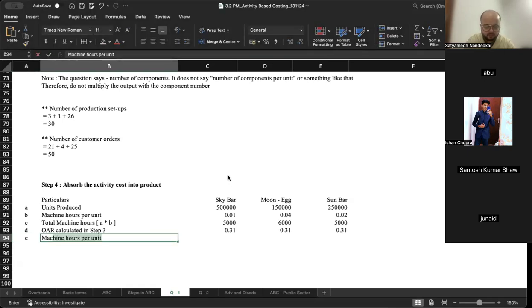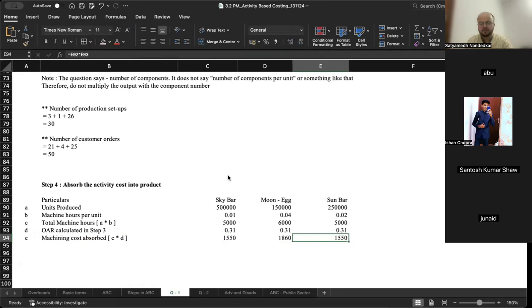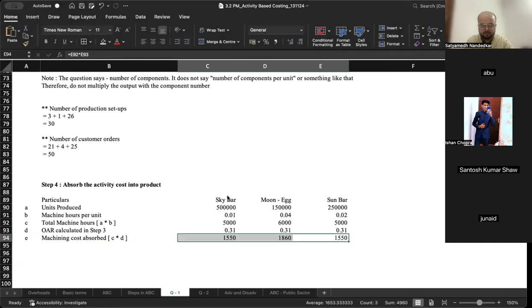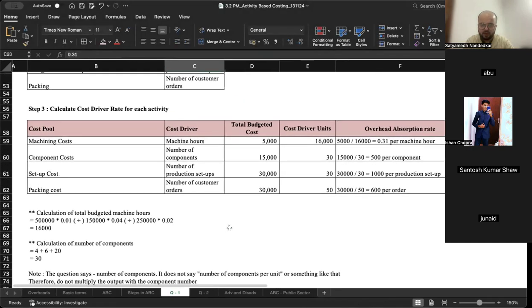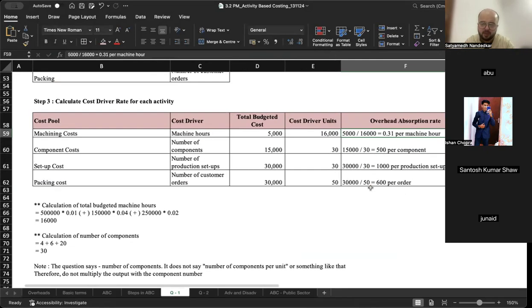Then machining cost absorbed, which is C, that is total machine hours into D, that is overhead absorption rate. 5000 into 0.31, total. In this case, what you have to do is, see, 0.31 is the rounded off number.